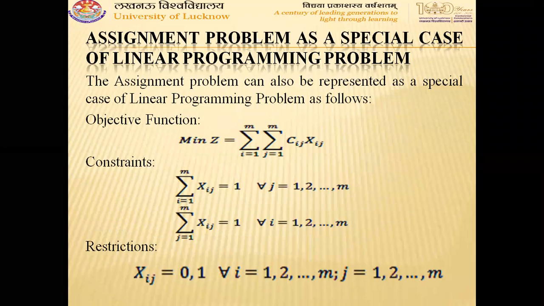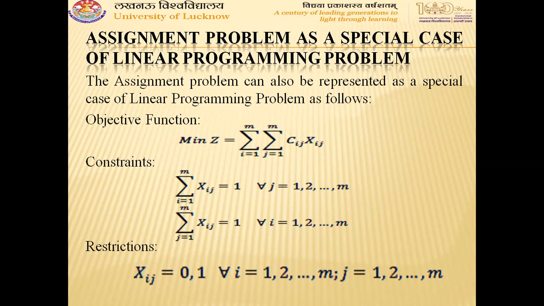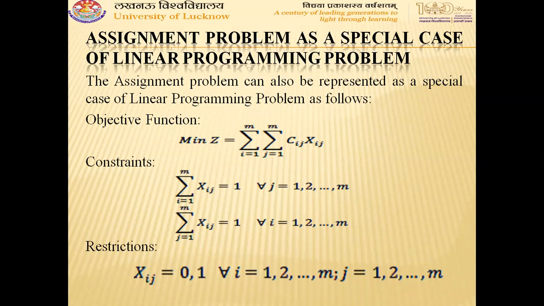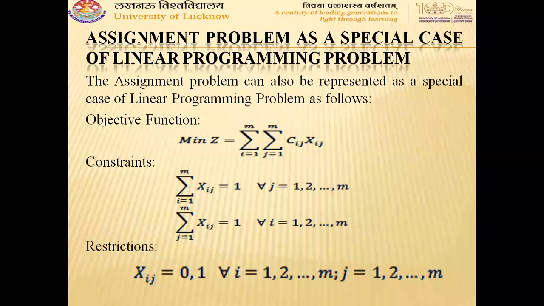As the transportation problem was a special case of the linear programming problem and the assignment problem is a special case of the transportation problem, we can directly say that the assignment problem is a special case of the linear programming problem. And an assignment problem can be written as a linear programming problem as follows.